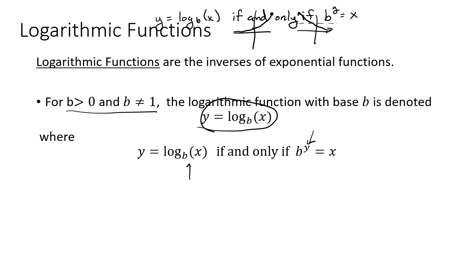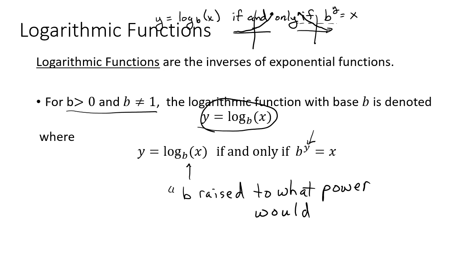So a good way to read the logarithm by definition is the base b raised to what power would give me x, the thing inside of the logarithm. Right? The base b raised to what power would give you the thing in parentheses.